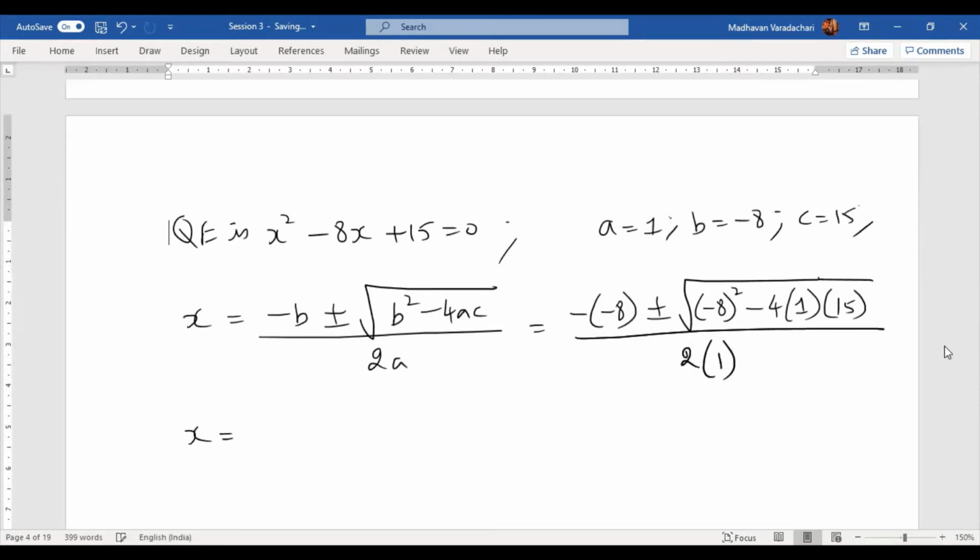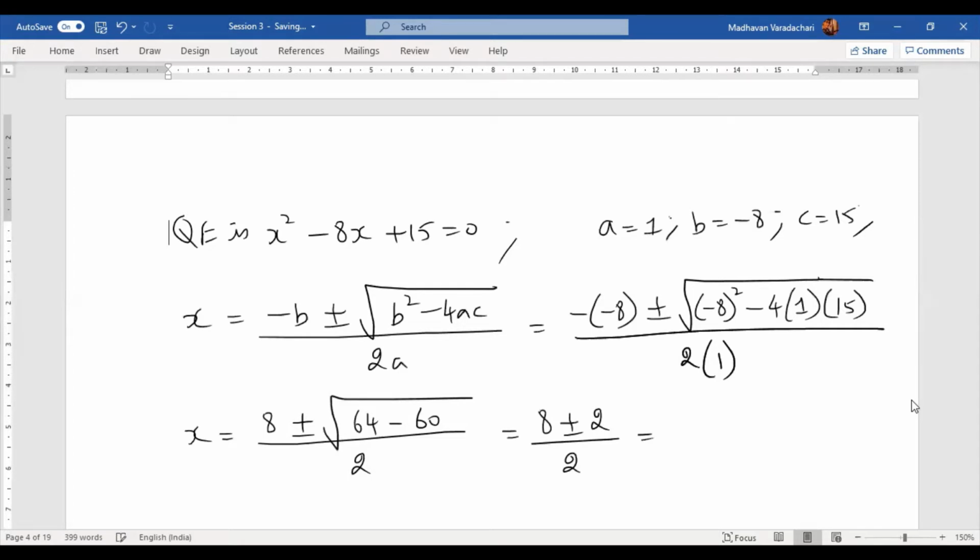Minus of minus 8 becomes plus 8, plus or minus square root of b square: -8 the square is 64, minus 4 into 1 is 4, and then 4 into 15 is 60, divided by 2. This is nothing but 8 plus or minus square root of 4, which is 2, divided by 2. So I can say 8 plus 2 by 2 or 8 minus 2 by 2.